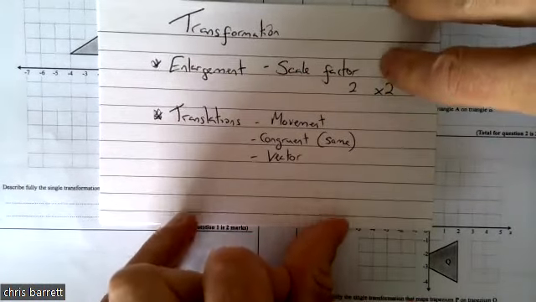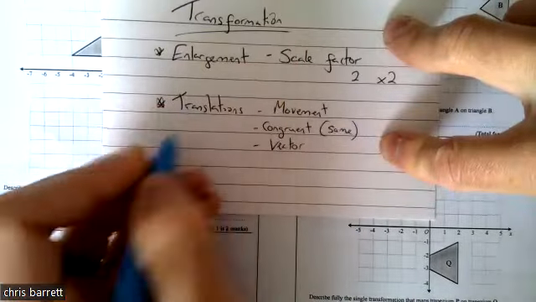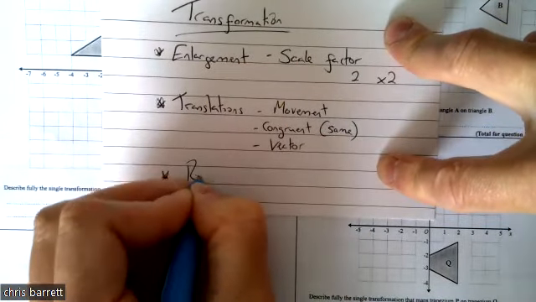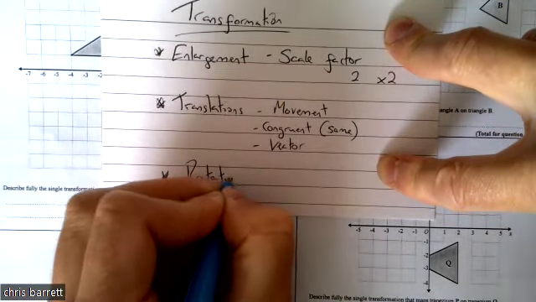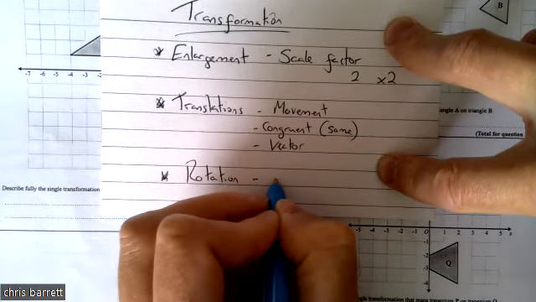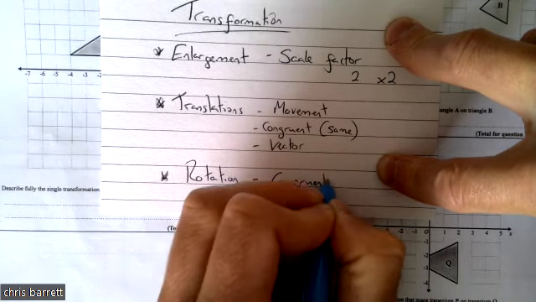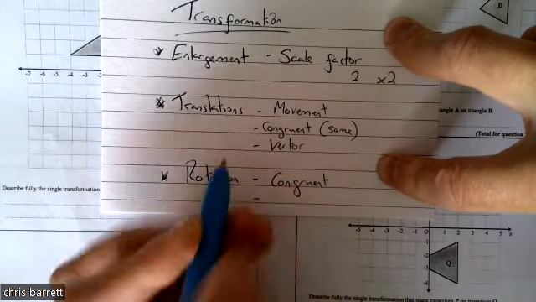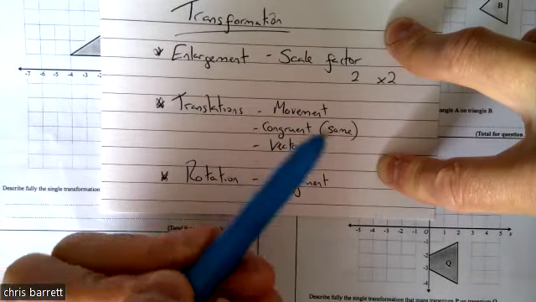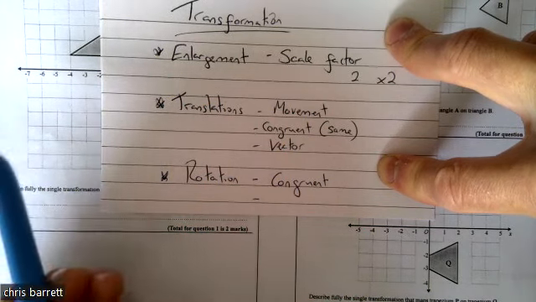Another one that you could use as well as reflection, enlargement, and translations is rotation. Okay, so rotation would then be about keeping a congruent shape, but this time rotating it. So this time, obviously, my pen stays exactly the same, but all I'm doing then is just rotating it.